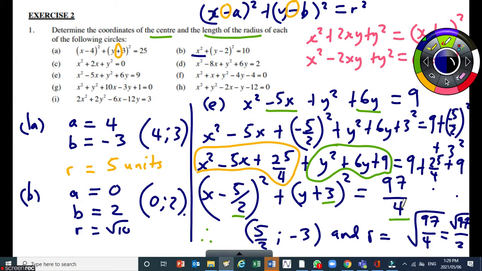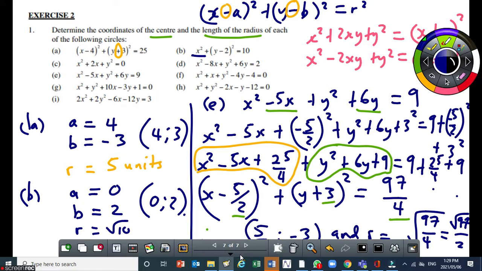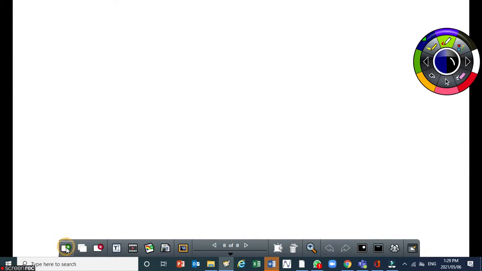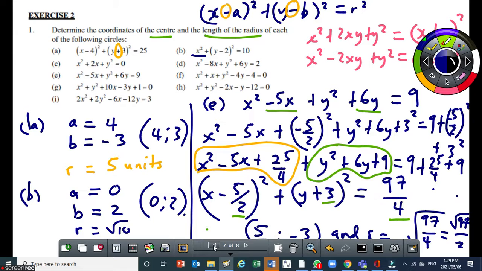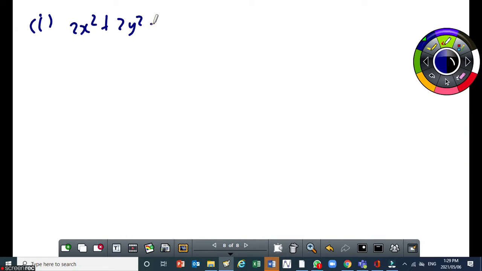So it's 2x squared plus 2y squared minus 6x minus 12y equal to 3.